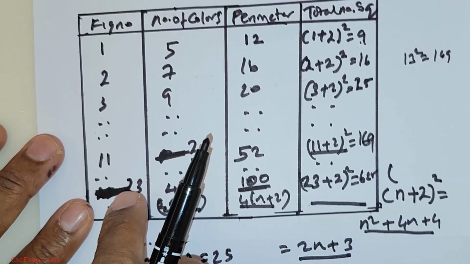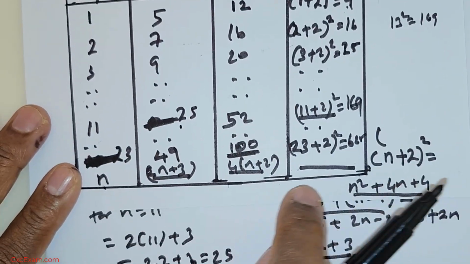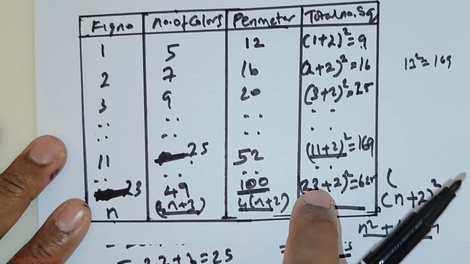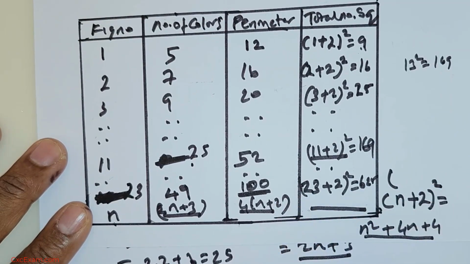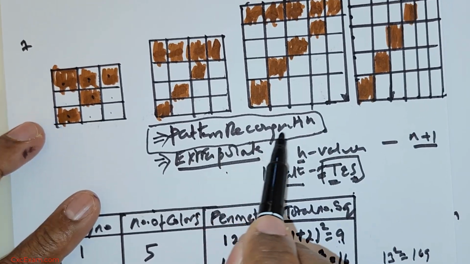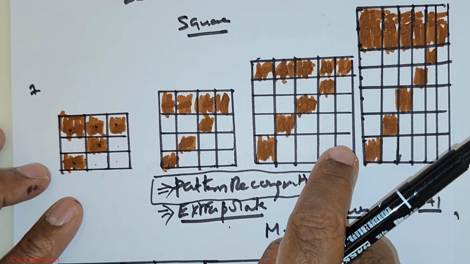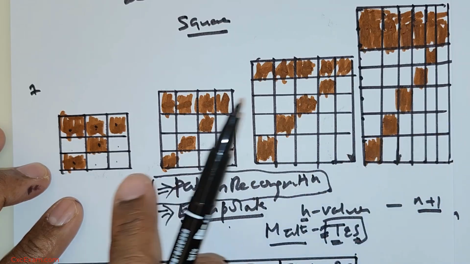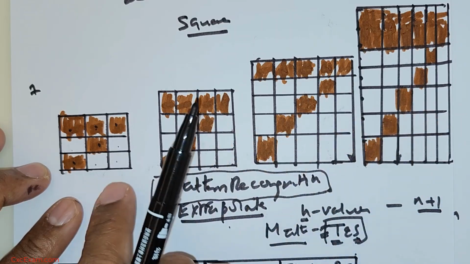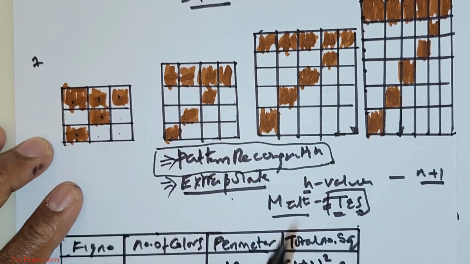So you have actually got all of these values. Now this question is a beautiful question. Why do I say that? You see, the first is pattern recognition. This is a visual skill. From merely seeing it, you are able to recognize a pattern.